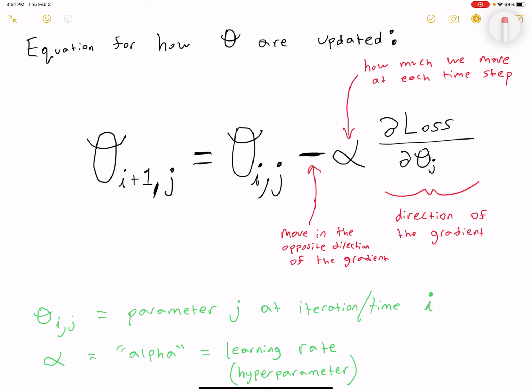So m equals m minus 0.1 times... the first theta is the m, the second theta is the b, alpha is the 0.01, and that partial derivative is whatever we calculate.